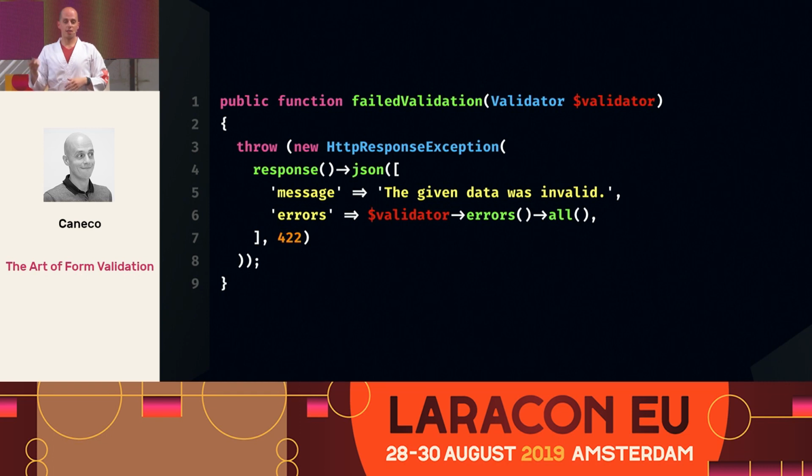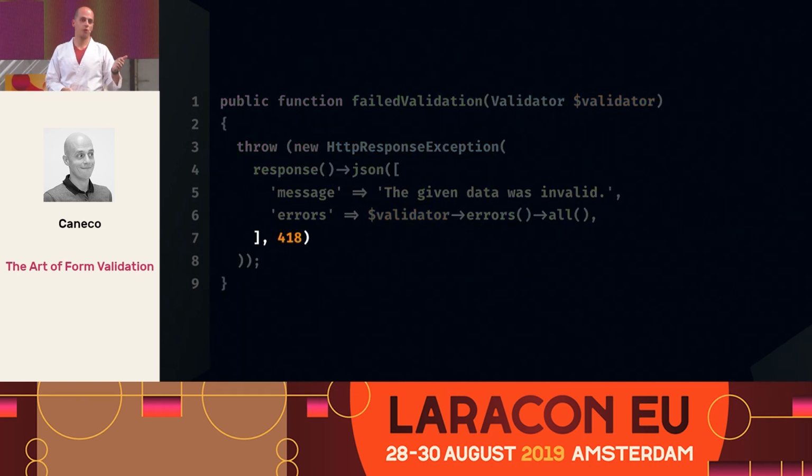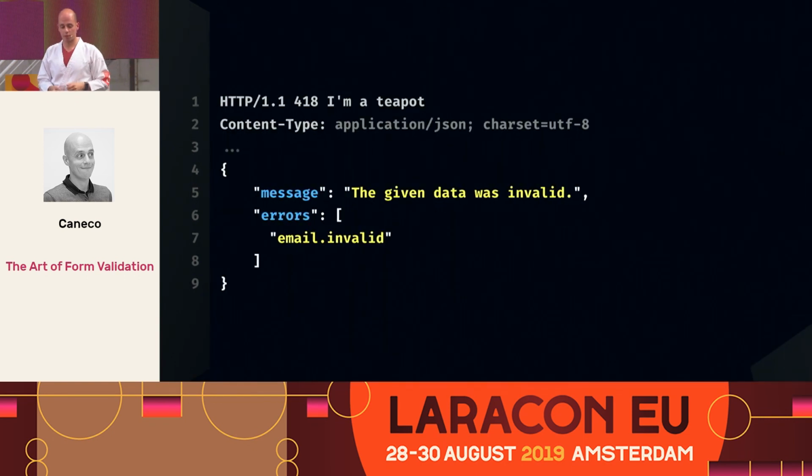Instead of using the normal validation error message from Laravel, you can set up your custom exception, and instead of using the 422 error, you can use 418, which is "I'm a teapot", I don't know. It's really weird. So you can get this message from the server instead of that one.